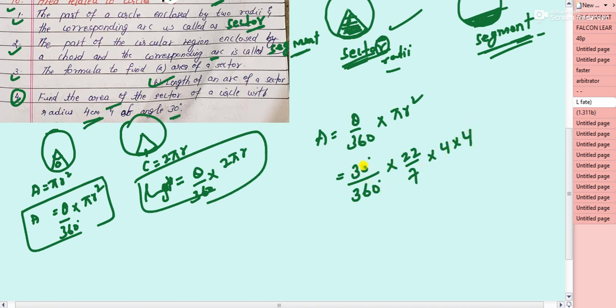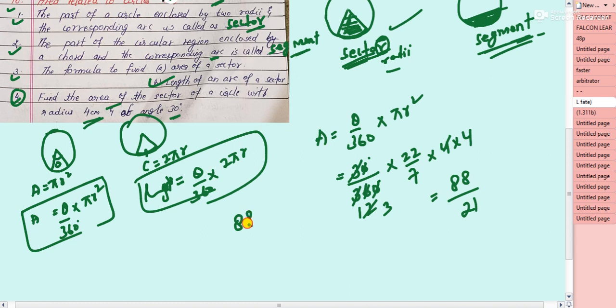So how to solve this? The 0s will get cancelled. 3 ones are 3, and 3 2s are 6, so this is 12. Now 4 ones are 4, 4 3s are 12, correct. So on solving this, how much will you get? This is 88 divided by 7 3s are 21.